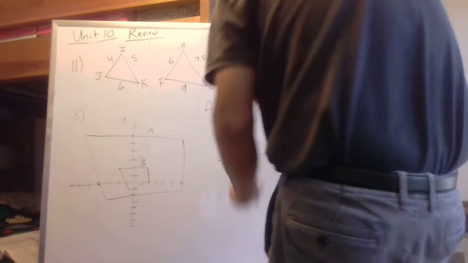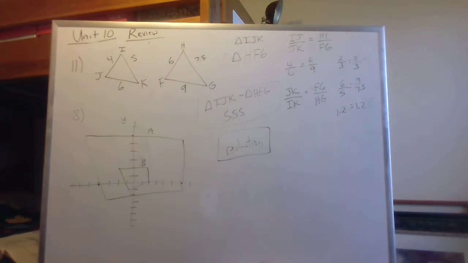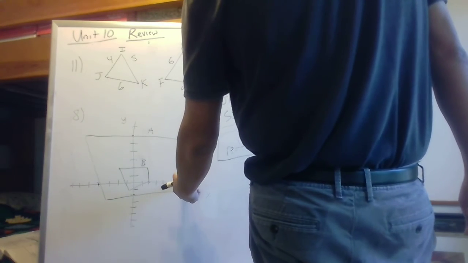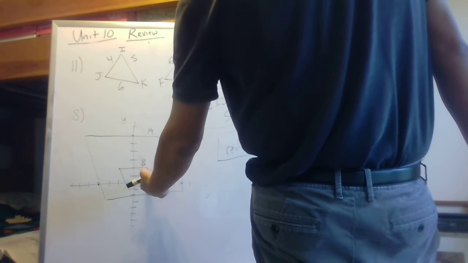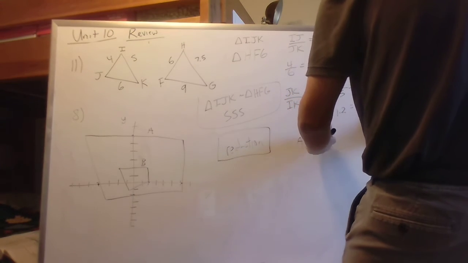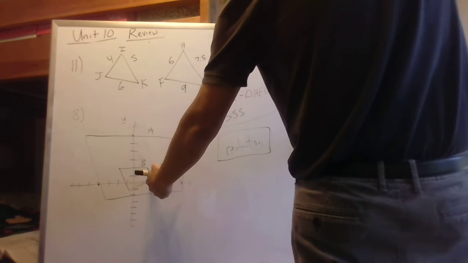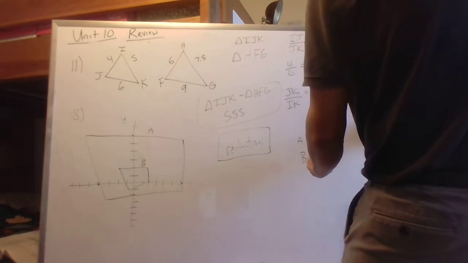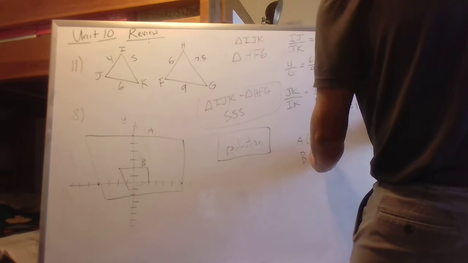Now we have to determine the scale factor. So what I like to do is look at corresponding points. So the first point for A that I'm looking at is at 6, 0. And then for B, that same corresponding point is at 2, 0.